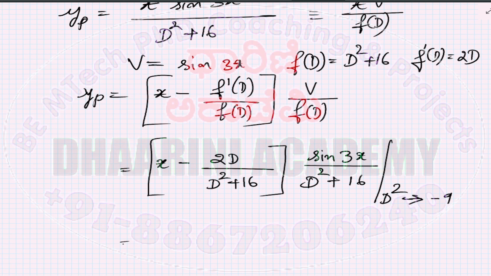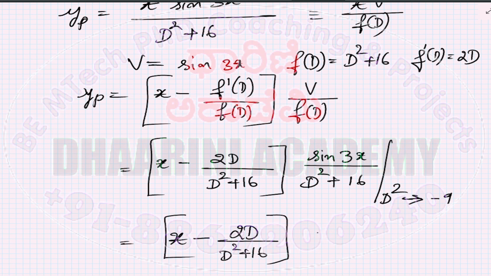So this is equal to x minus 2 times differentiation 2d by d square plus 16 into sine 3x divided by minus 9 plus 16. So this becomes equal to 7.